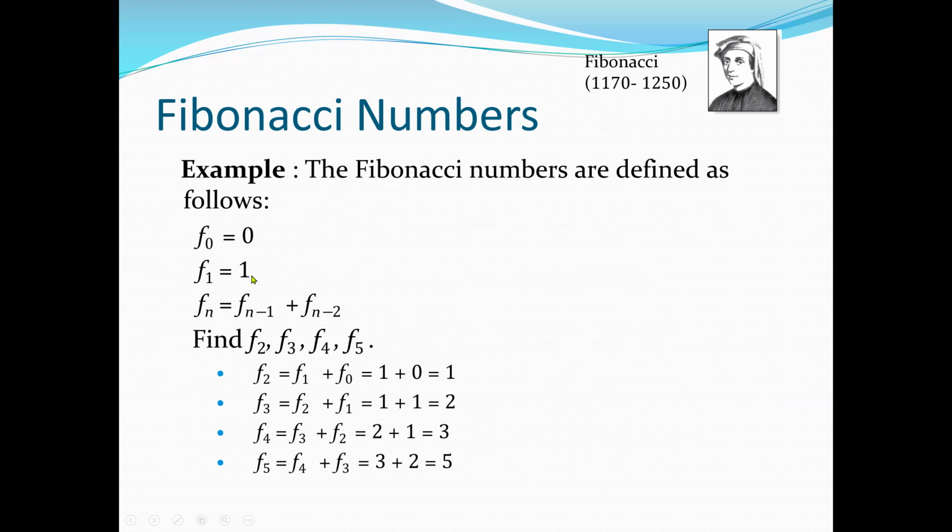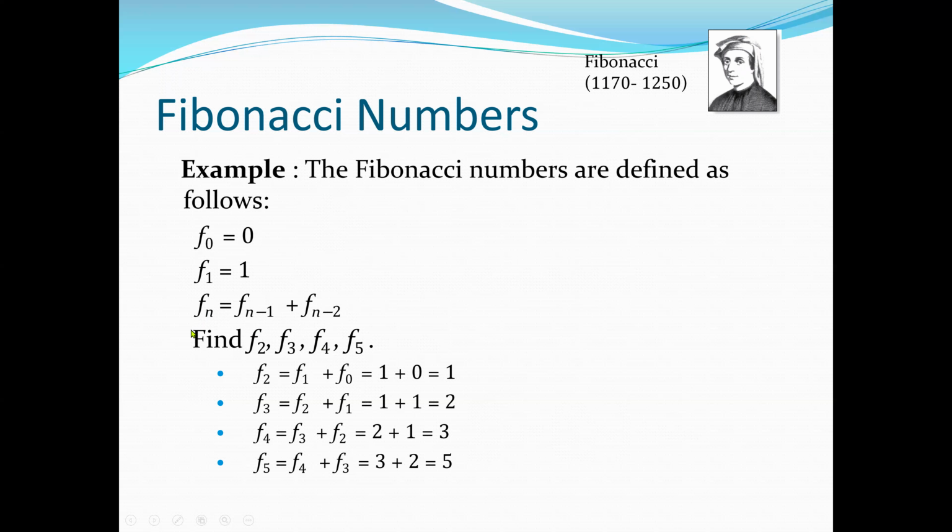Then when we have 0 and 1, two previous values, now we can find the Fibonacci of n, which will be f(n-1) plus f(n-2), which means the previous value plus the value before it. So if I'm here at f(2), and I'm looking for Fibonacci of 2, then it will be f(1) plus f(0). Why f(1)?